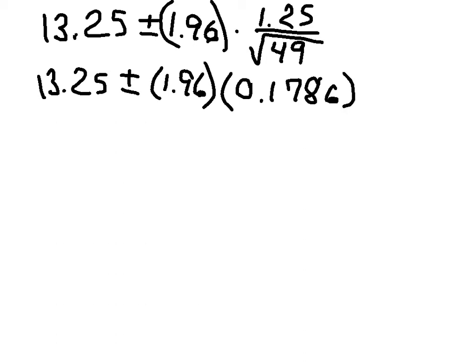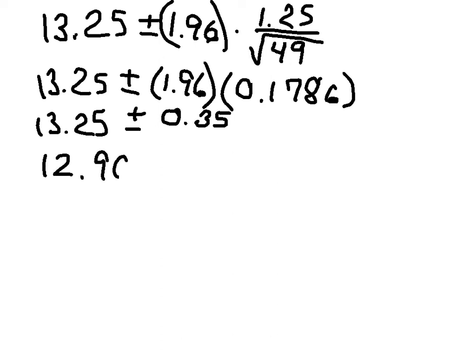And I multiply that together, and that gives me about 0.35. So I have 13.25 plus or minus 0.35, so that gives me 12.90, less than mean mu, less than 13.60.